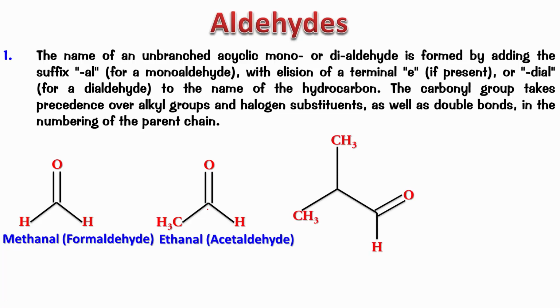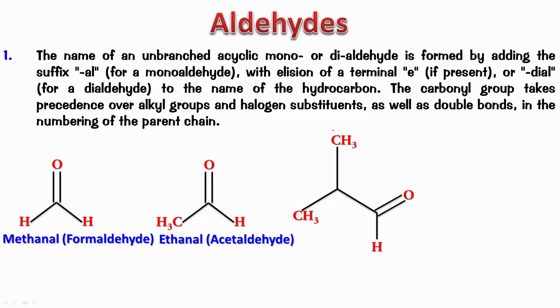Try naming this one. Pause the video, name it, play it back and check. Now in this case, we have to select the longest carbon chain containing the aldehyde and number from the aldehyde. So this is always 1. And as you can see, if this is 1 and this is 2, one of the CH3s has to be 3.